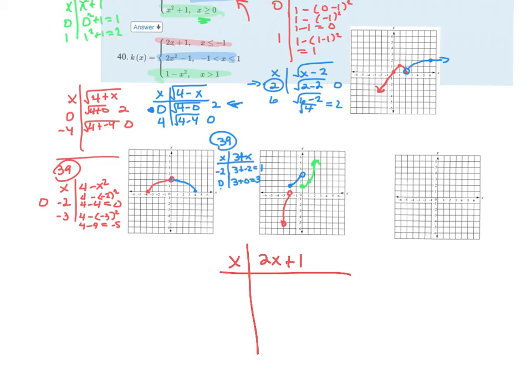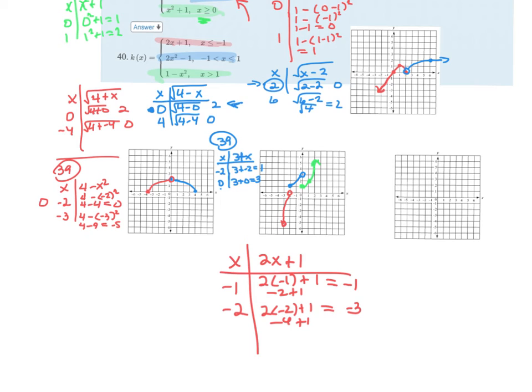My restriction is x values that are 1 or less, -1. So -1 I can plug in, and then I could also plug in -2. So let's go ahead, and 2 times -1 plus 1, -2 plus 1 equals -1. 2 times -2 plus 1, -4 plus 1, -3.